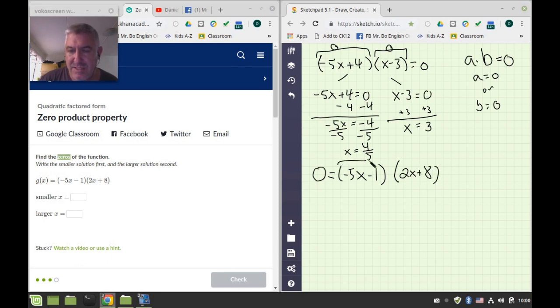That means this is 0 or this is 0. A is 0 or b is 0, so I'm going to divide it up and get negative 5x minus 1 equals 0 or 2x plus 8 is equal to 0. And then we just solve those.